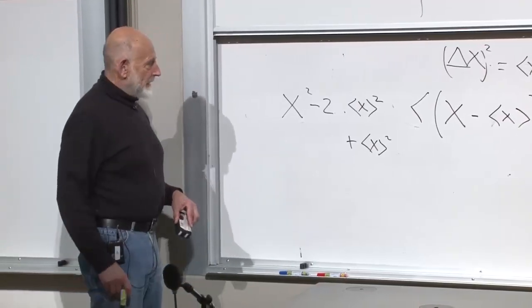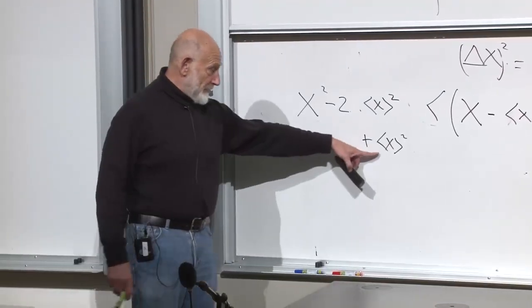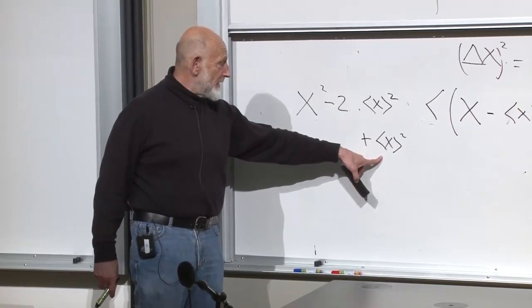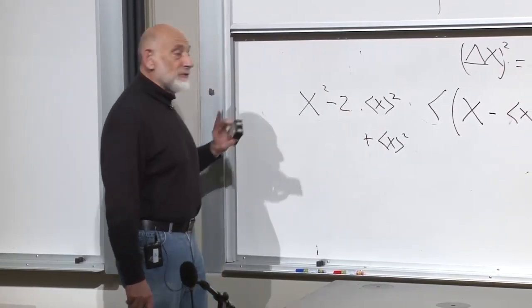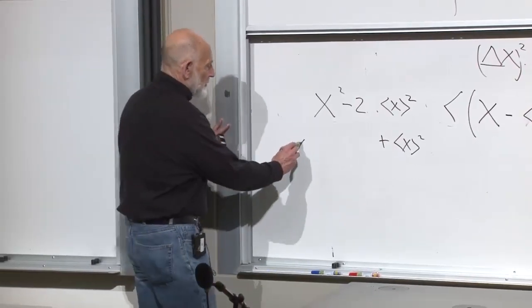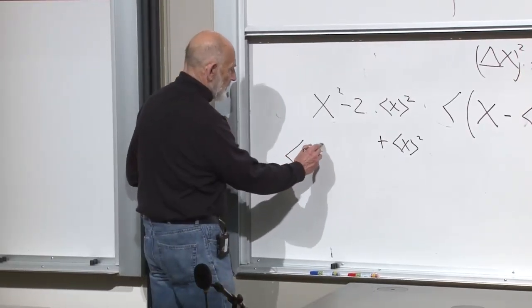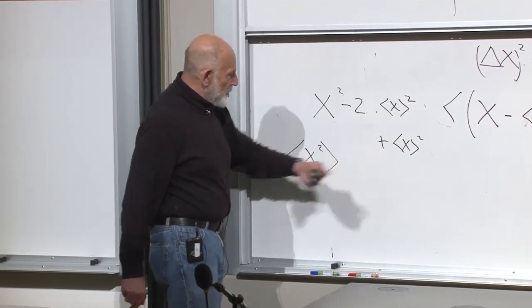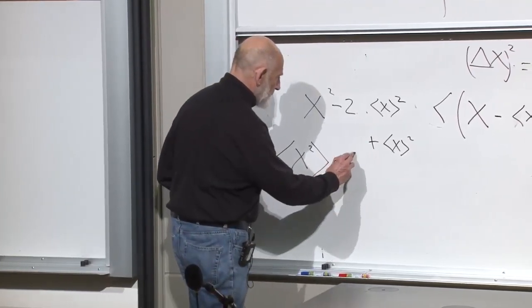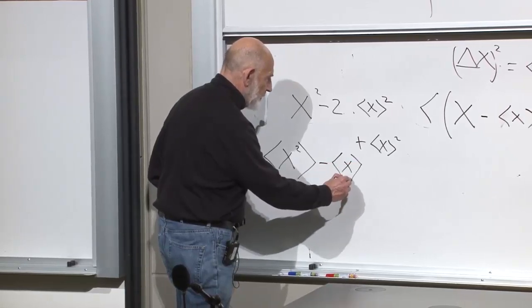It is what it is, but it is not this thing. Why not? It's not the square of the average. This is the square of the average. It's the average of the square. So this is the average of x squared. Minus twice this plus 1 times that is minus the average of x squared.